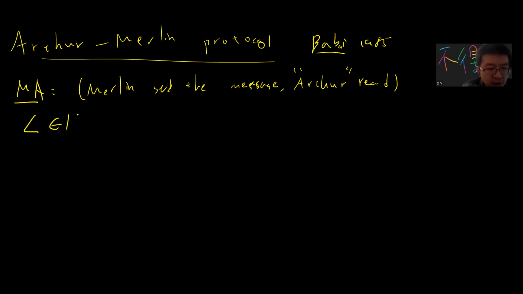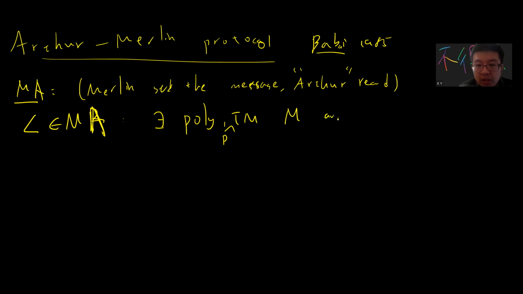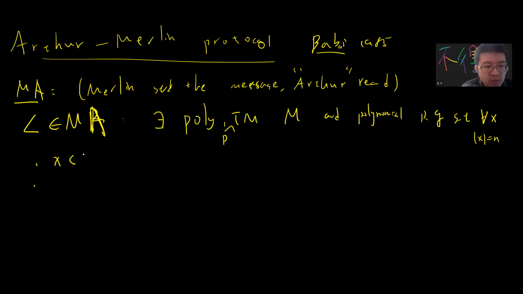A language L is in MA, Merlin-Arthur, if there is a polynomial probabilistic Turing machine, let's call this M, and polynomials P and Q, such that for input of length n, if x belongs to L, then there is a message that Merlin can send to Arthur.